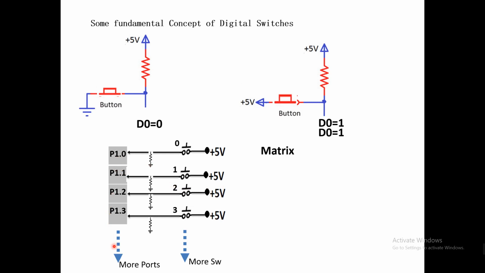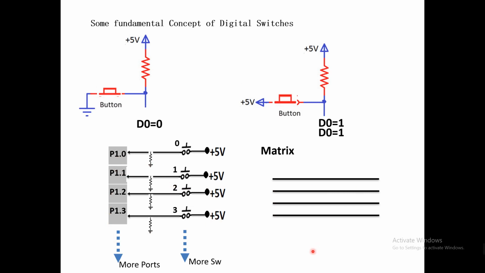And what is a matrix? For example, if we have one wire, the second wire, and the third wire, we have four wires. How many wires? We have four. And we can make a matrix using these horizontal wires, rows 1, 2, 3, 4.